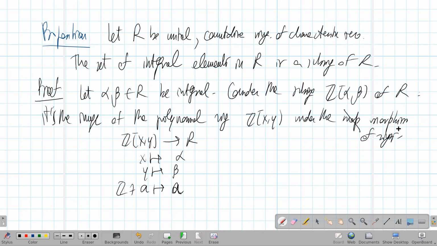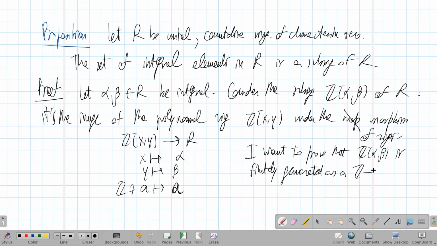Okay, so you have alpha and beta integral. What I want to prove is that Z[alpha, beta] is finitely generated as a Z-module.